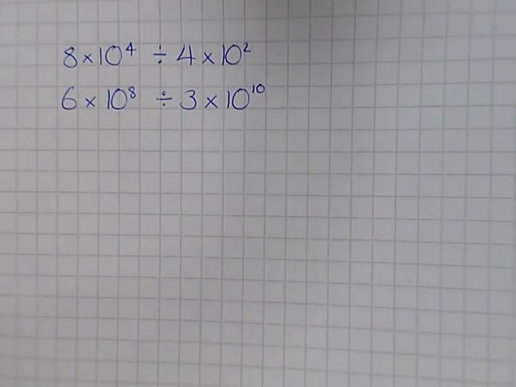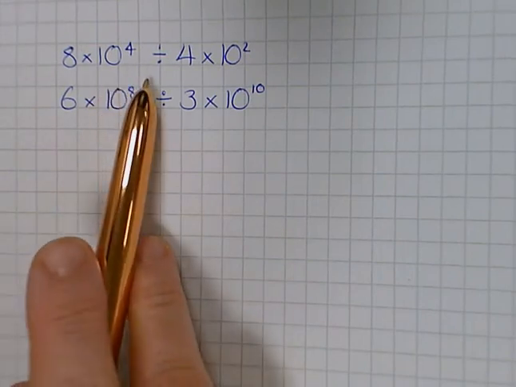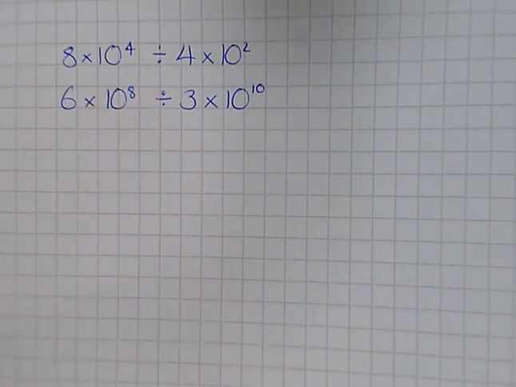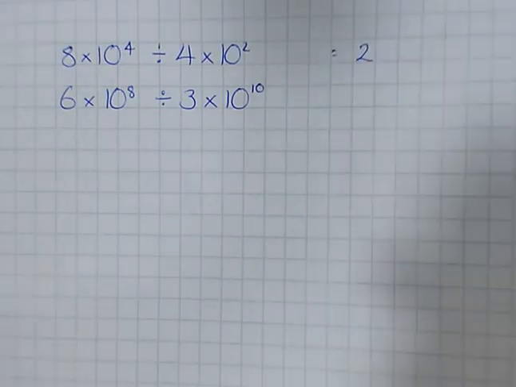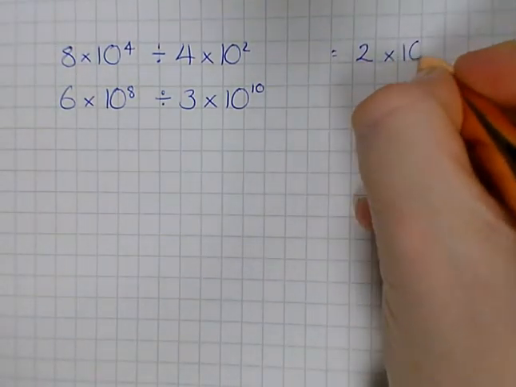We're now going to look at some examples where we're dividing using standard form. So we've got 8 times 10 to the power of 4 divided by 4 times 10 to the power of 2. And it's a similar method to the multiplication. We're going to take the two numbers that we can divide, 8 divided by 4, and that's going to give us 2. And then we're going to have times 10.